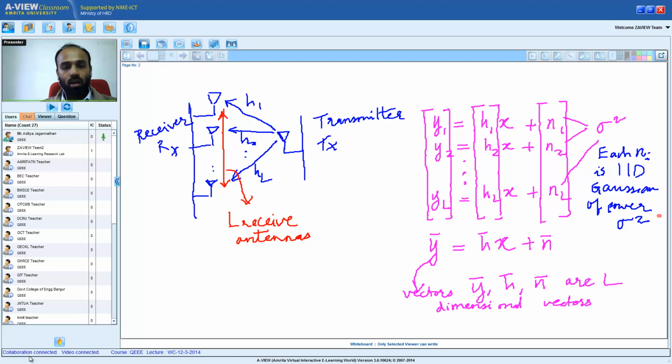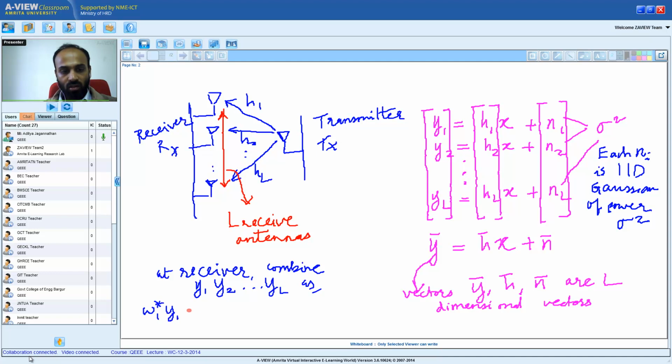At the receiver we combine the signals Y1, Y2, up to YL using the combining weights W1, W2, WL, as W1 conjugate Y1 plus W2 conjugate Y2 plus so on, WL conjugate YL.